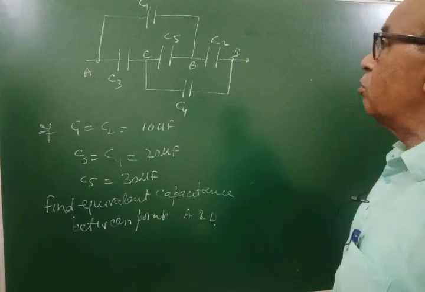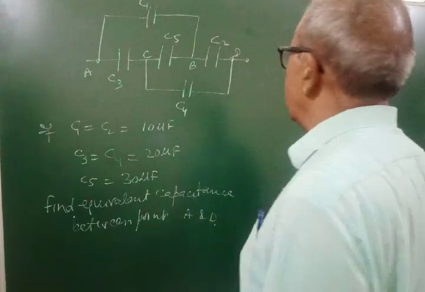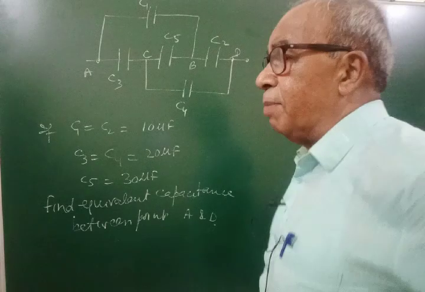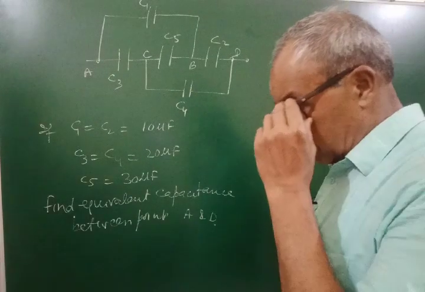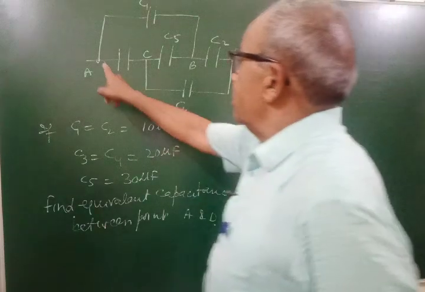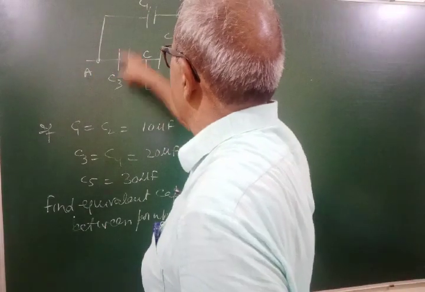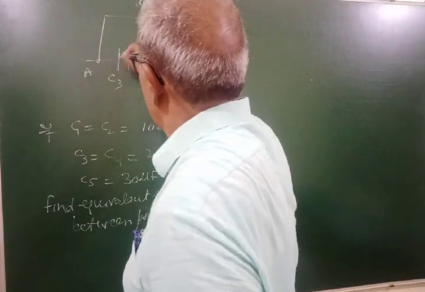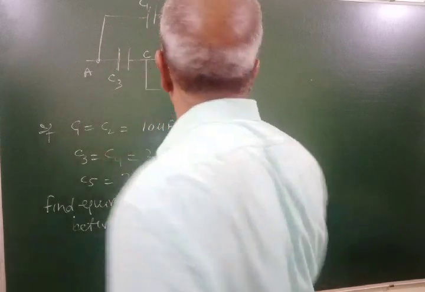A very simple question, but generally students do not attempt it in the exam. See, at point A, two plates are connected, one of C1, the other of C2.